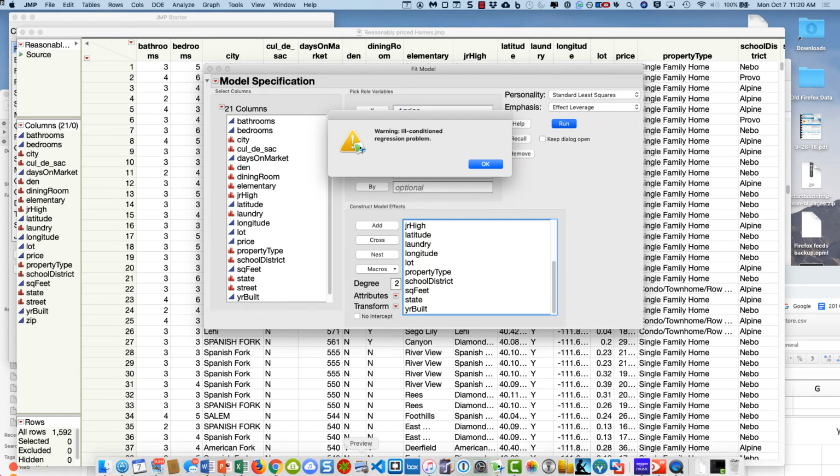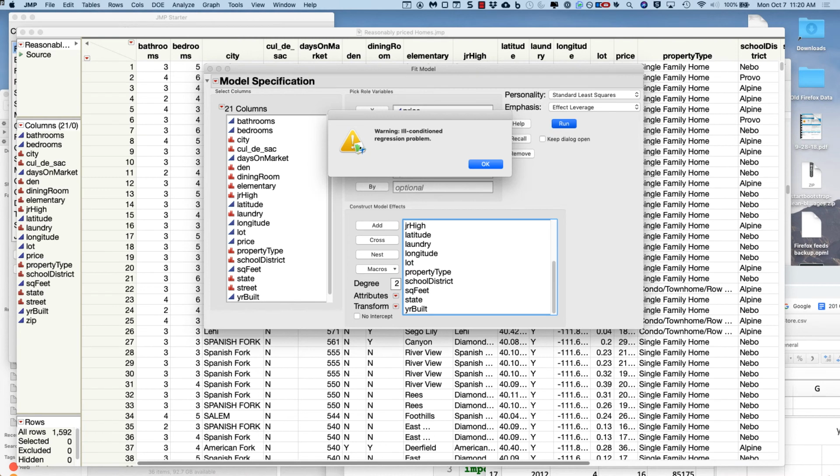Is a zip code normally deeper than a city? Because Provo has like four or five or six different ones. It depends on whether zip code is really specific to a consistent type of home. If it is, then zip code is probably better than city.